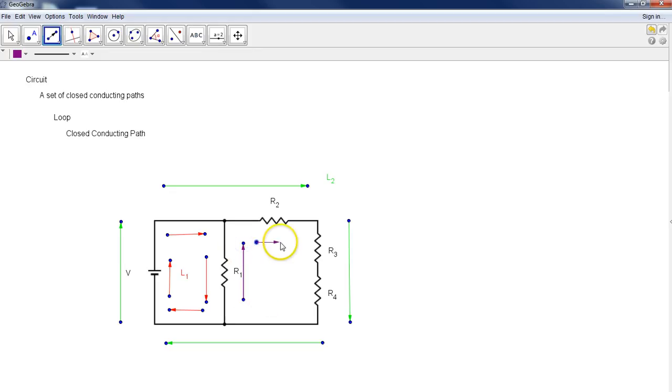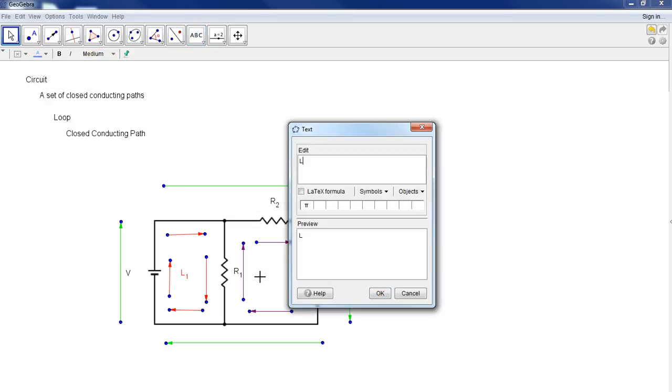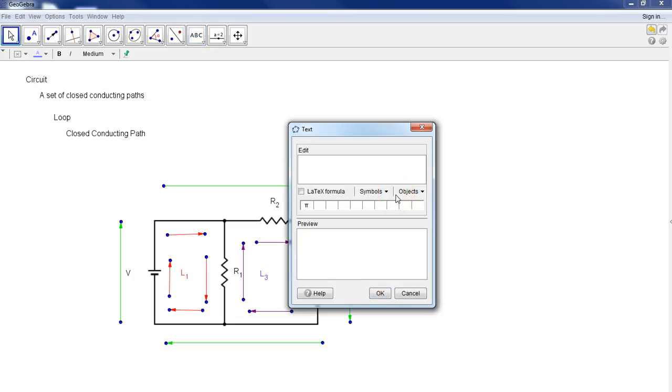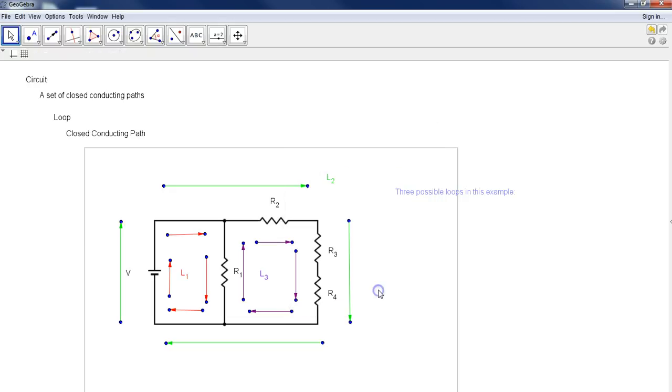Oh yeah, not too bad. It's not the same color. There we go. So in this example, we can say that there are 3 loops, meaning 3 closed conducting paths.